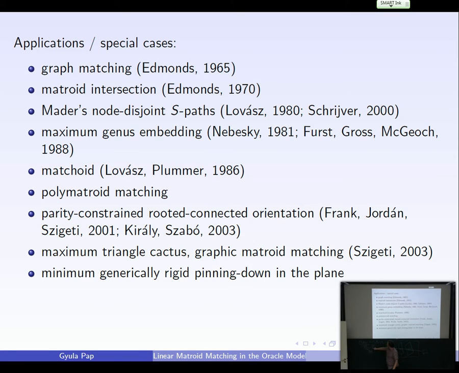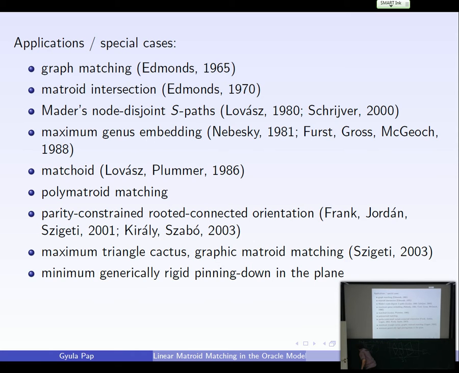Each path will have to connect two different sets Ai, and they have to be node disjoint. We want to maximize the number of paths. Schrijver determined a linear matroid matching problem that is equivalent with this one. So this nicely reduces to Lovász's theory.